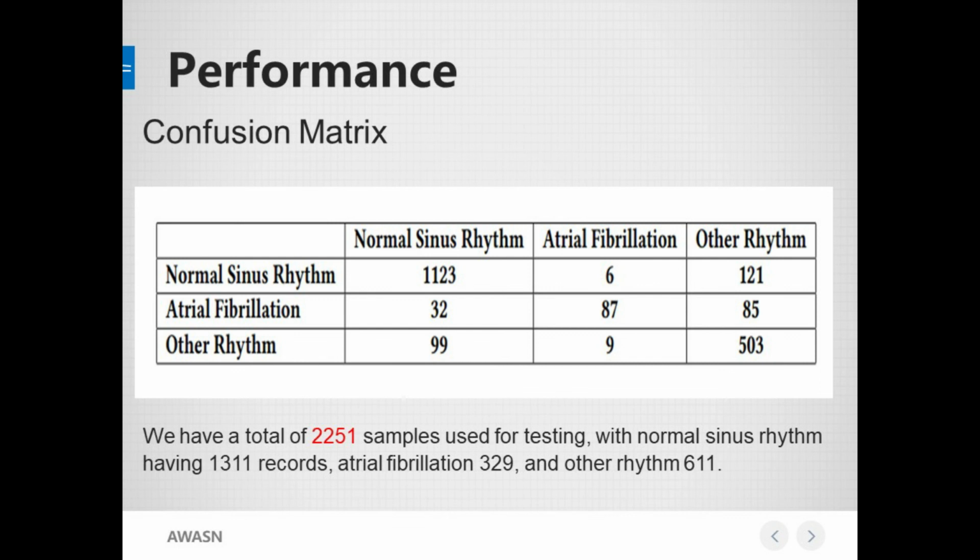As you can see, normal sinus rhythm in our system is being correctly identified 1,154 out of 1,233 times. Atrial fibrillation is misclassified only 68 out of 375 times. And other rhythm is classified correctly 503 times out of 543.